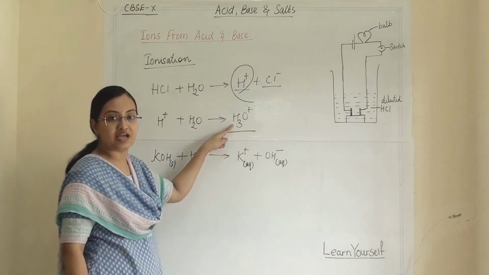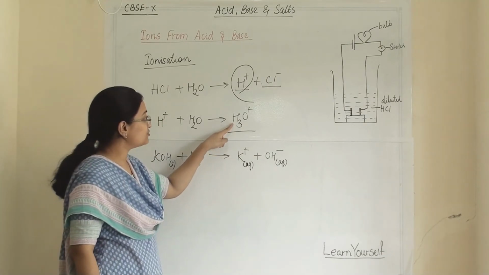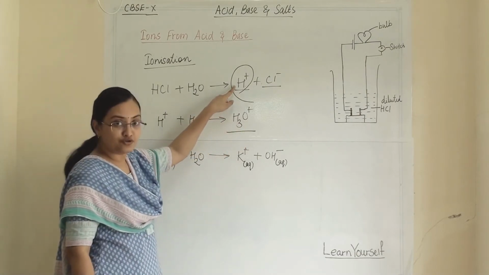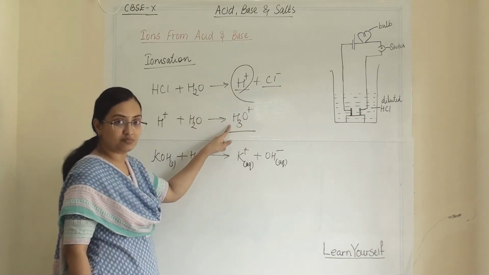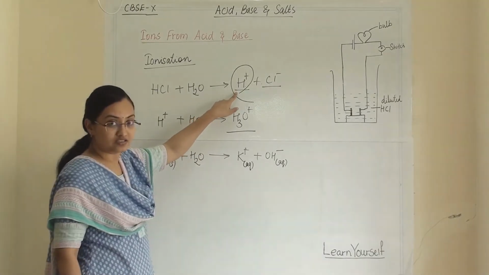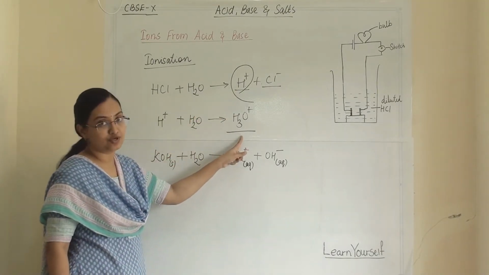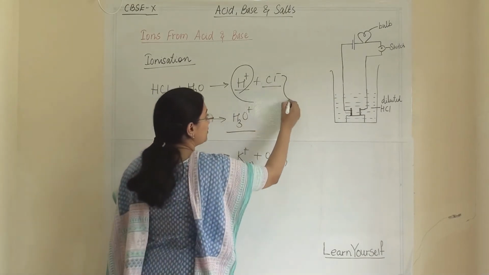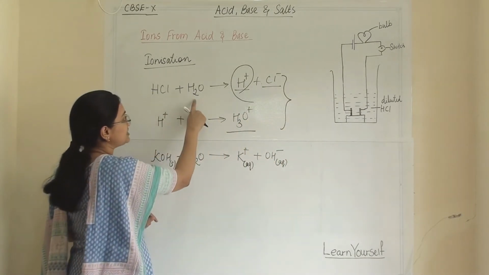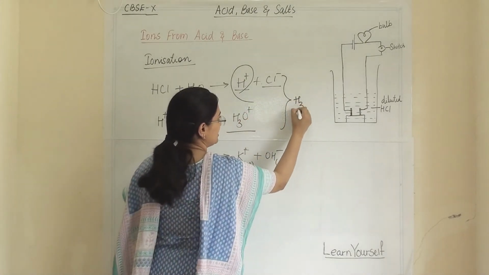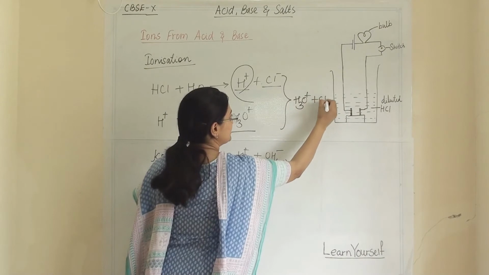This is known as hydronium ion and its formula is H3O plus. This is hydrogen ion and this is hydronium ion. So complete product from this HCl plus H2O is H3O plus Cl minus.